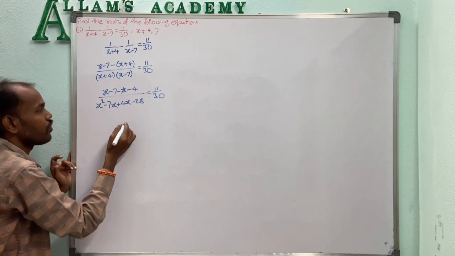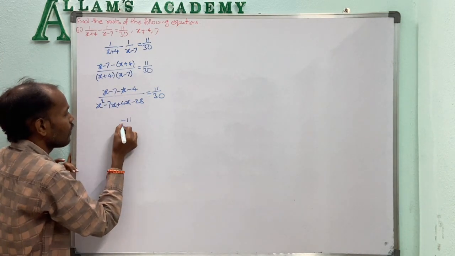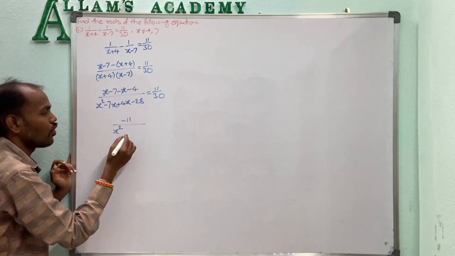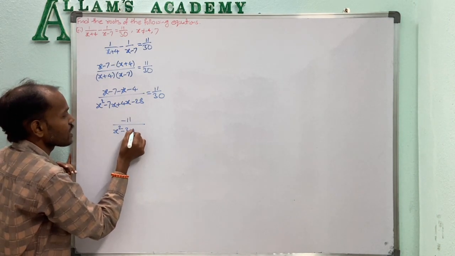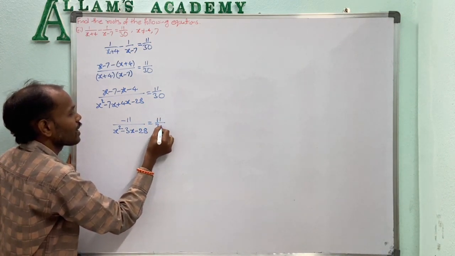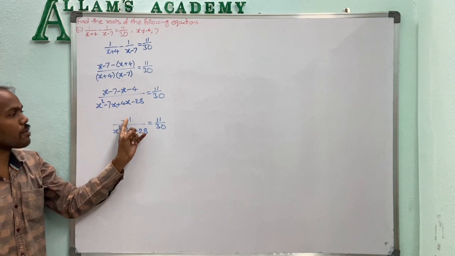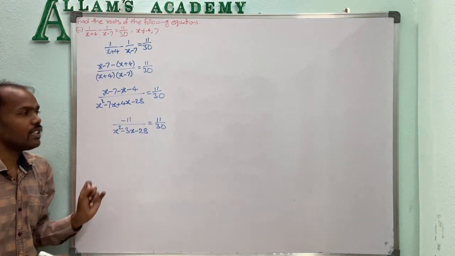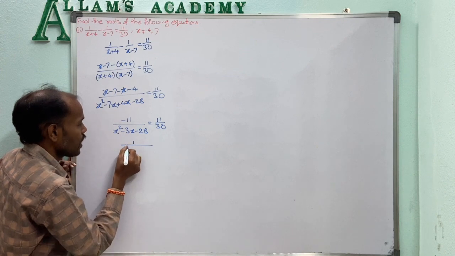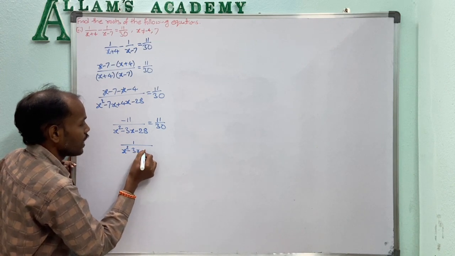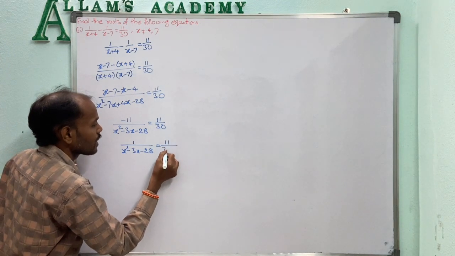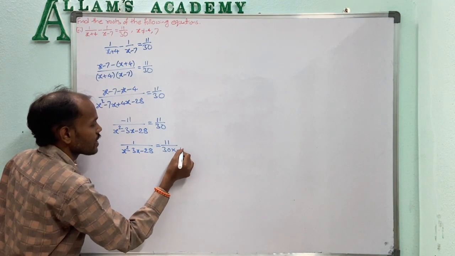So x minus x gets cancelled. Minus 7 minus 4 is minus 11 by x square minus 7x plus 4x is minus 3x, minus 28, equal to 11 by 30. Now this minus 11, transferring this side, division. So 1 by x square minus 3x minus 28 equal to 11 by 30 into minus 11.